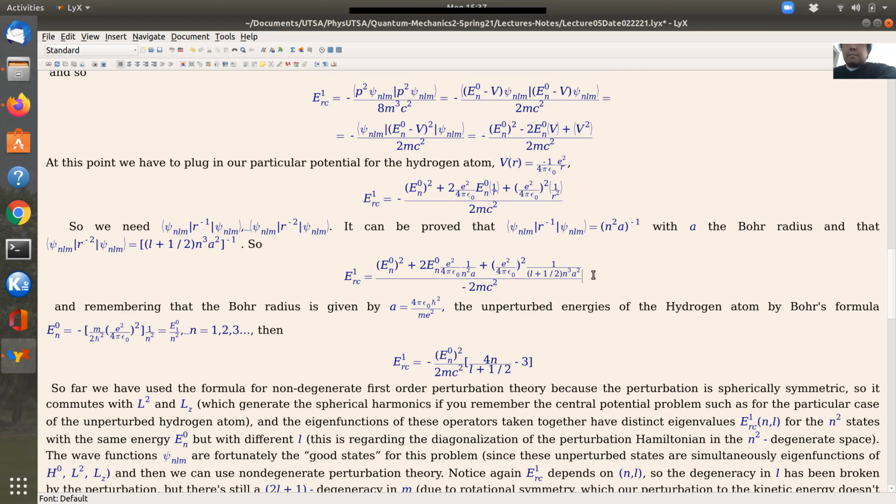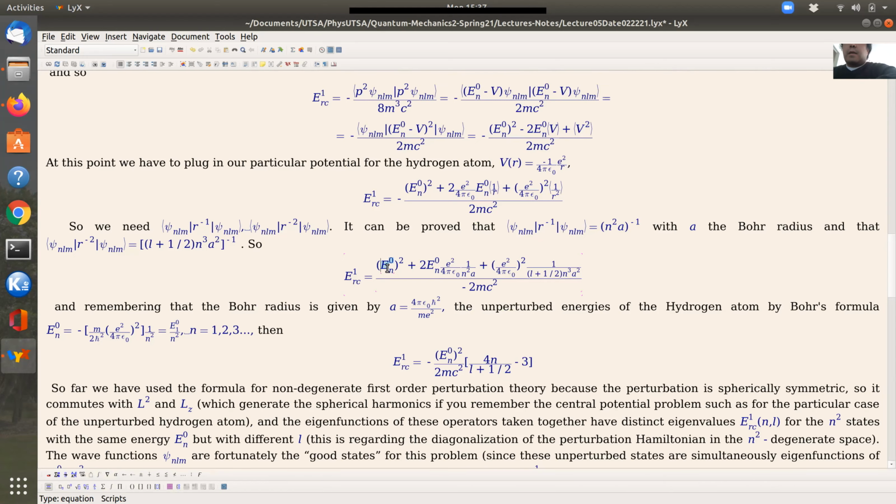And then what we would also do is, well, we're starting to get the quantum numbers N and L appearing, right? And these energies of the hydrogen atom also have a dependence on N. So, additionally, we have the formula for the Bohr radius, which is a.